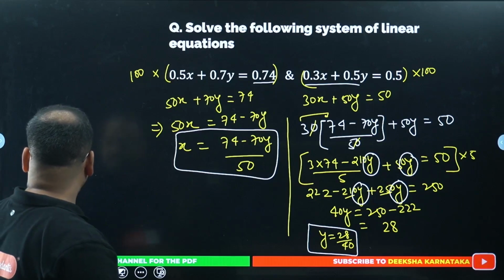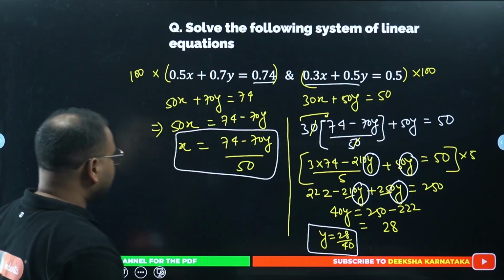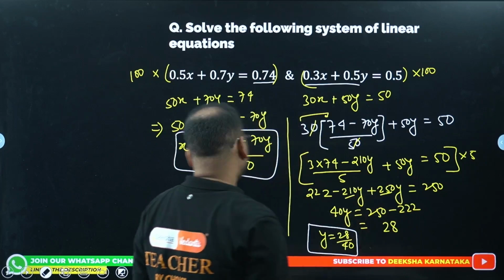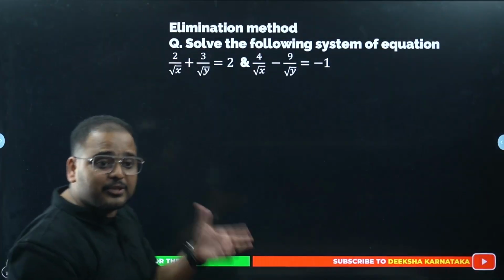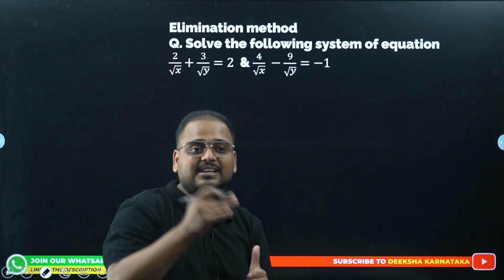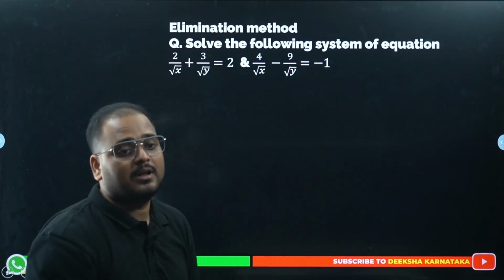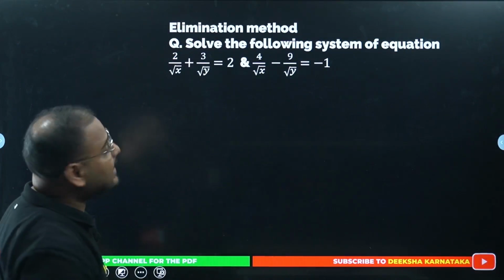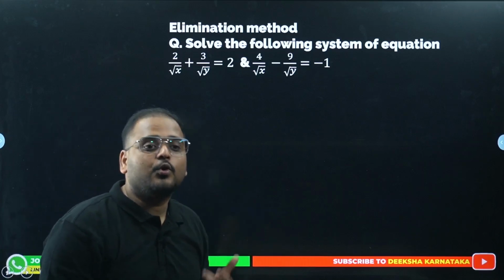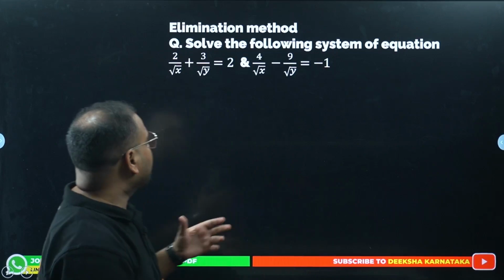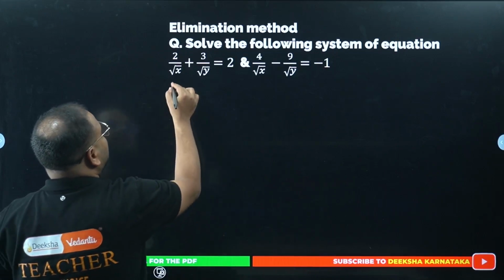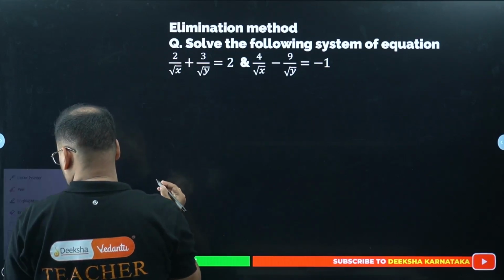I'm gonna erase these marks that I made. The second method we're gonna do is based upon the elimination of the variable using cancellation. So we're gonna cancel one of the variables. Let's see how. 2 by root x plus 3 by root y equals 2, 4 by root x minus 9 by root y equals minus 1. Very difficult? Actually no, just take the substitution.